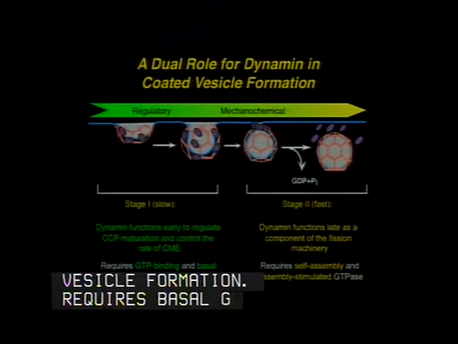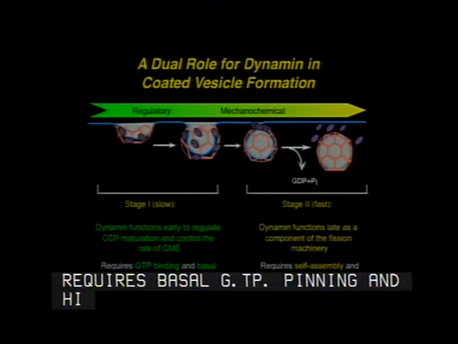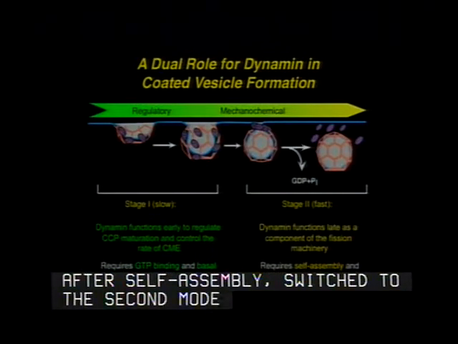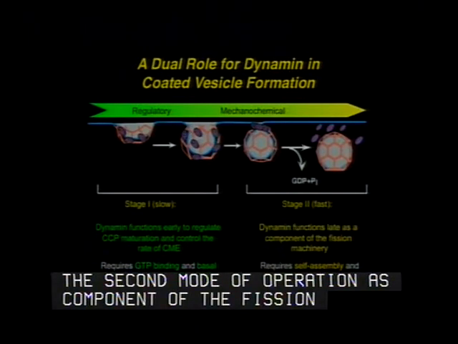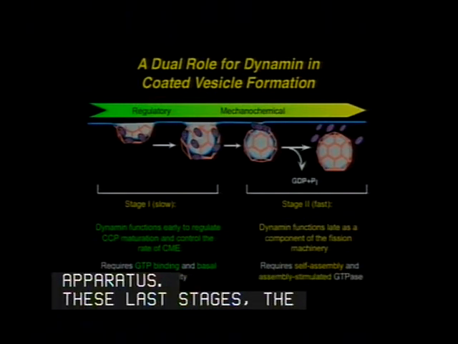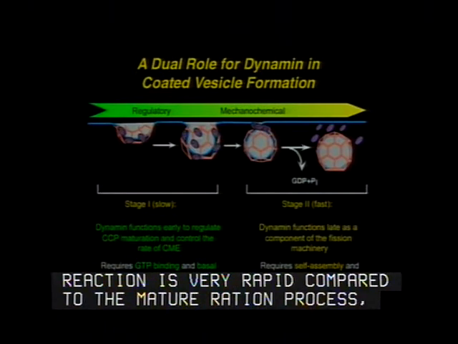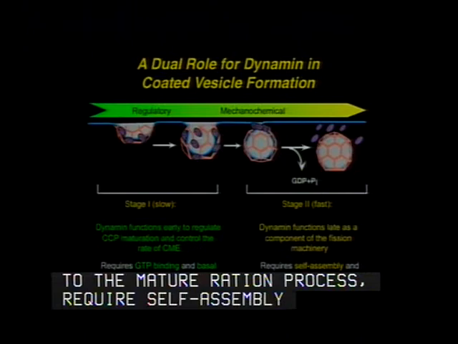It subsequently, after self-assembly, switches to its second mode of operation as a component of the fission apparatus. In these late stages of dynamin function, the fission reaction is very rapid compared to the maturation process, and requires self-assembly and dynamin's assembly-stimulated GTPase activity. So that's the take-home.